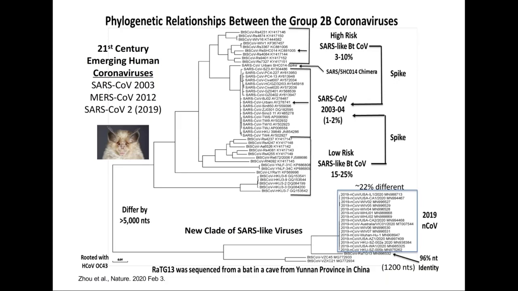It is about 22% different as compared to the SARS and the low and high risk SARS-like strains that have been identified earlier. That corresponds to well over 6,000 nucleotides across the 30,000 nucleotide genome. Its closest relative at about 96% identity is RATG13, which differs by about 1,200 nucleotides. Next slide.